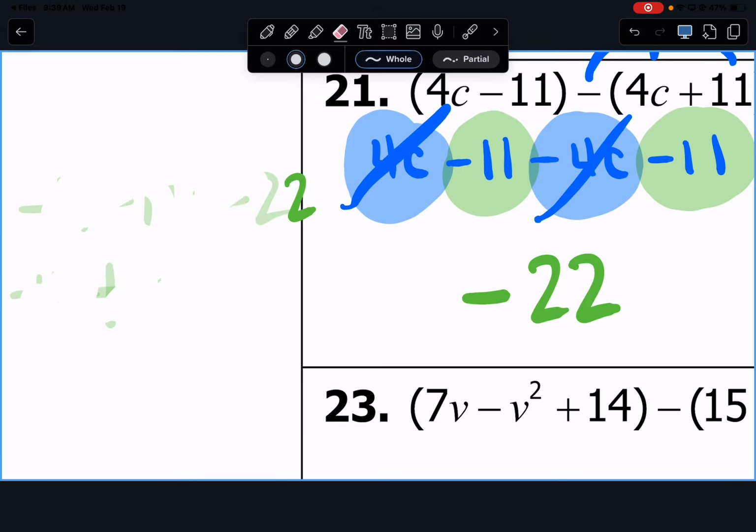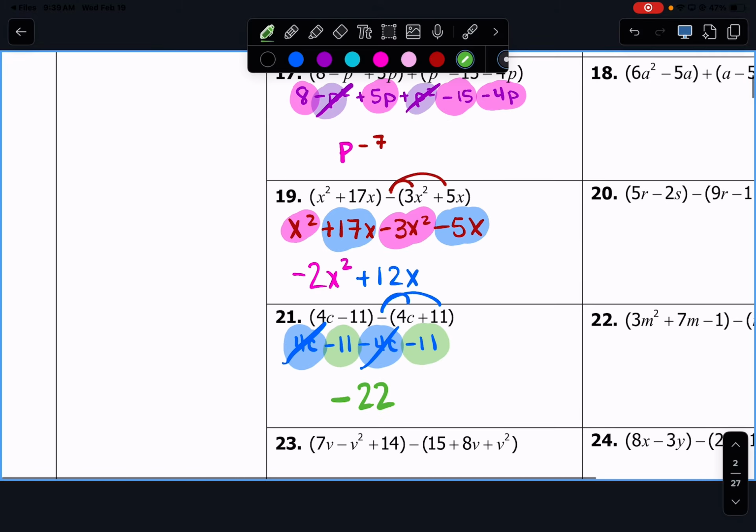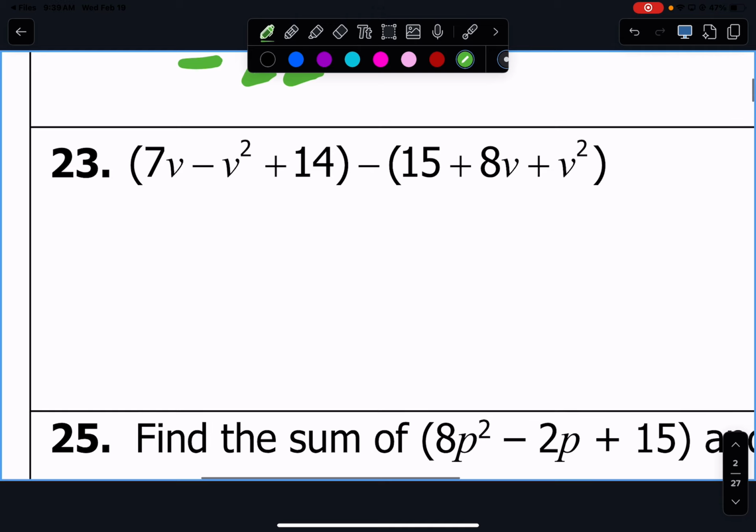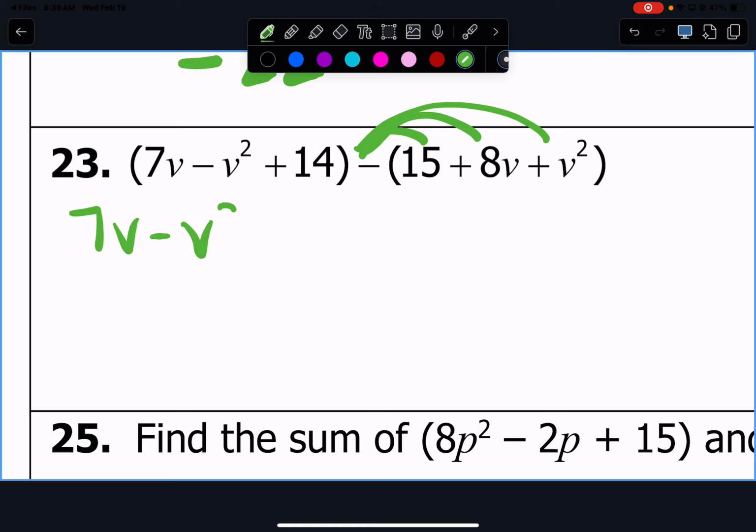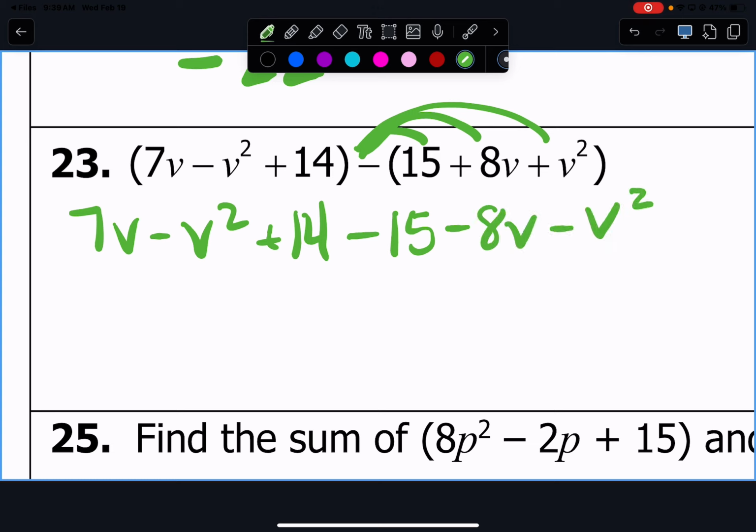All right, oops, we have one more. Okay, let's do the 23 together too. So I'm going to distribute my negative, and I get 7v minus v squared plus 14 minus 15 minus 8v minus v squared. Now what? What are my like terms? Negative v squared and negative v squared. When I combine those, what do I get?